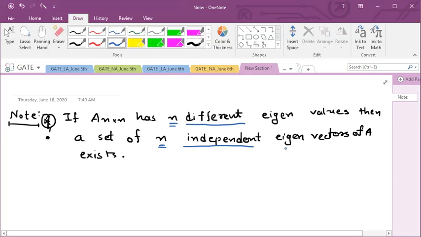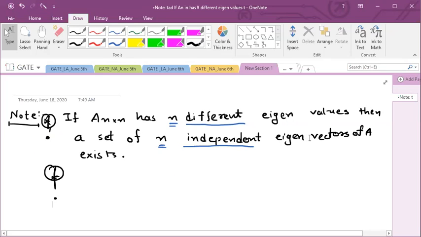Now you'll ask, sir, what happens if it has two or more eigenvalues repeated, or a few eigenvalues repeated? For those cases, we may get dependent eigenvectors. See, all things will be cleared after seeing examples. But by knowing these properties, you can answer a few MCQs directly.